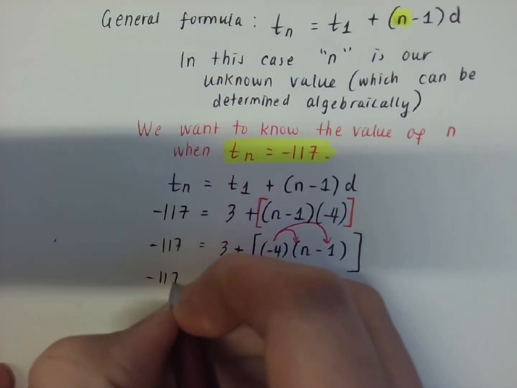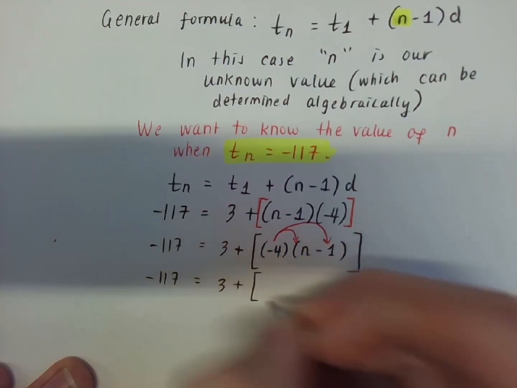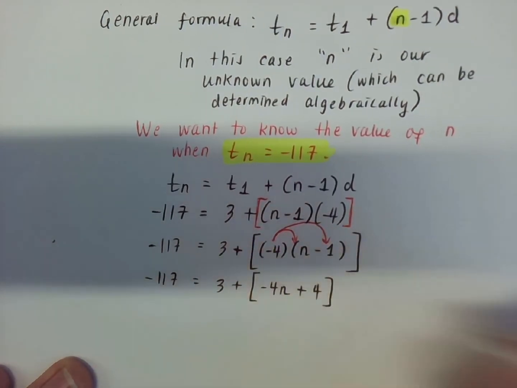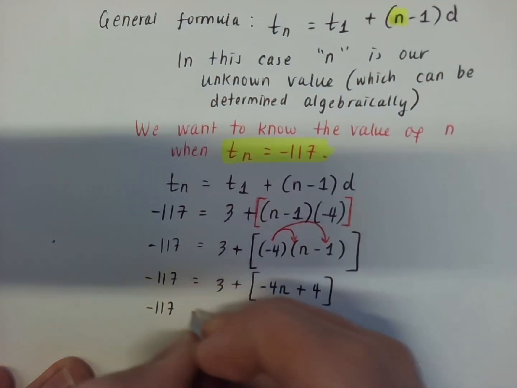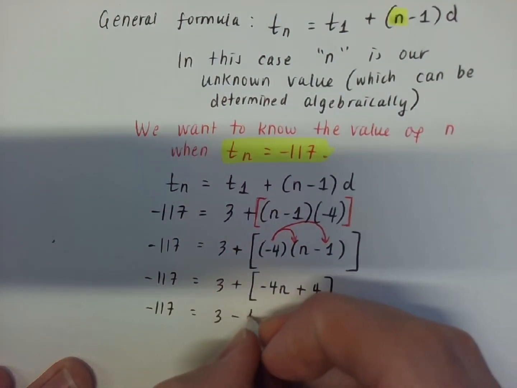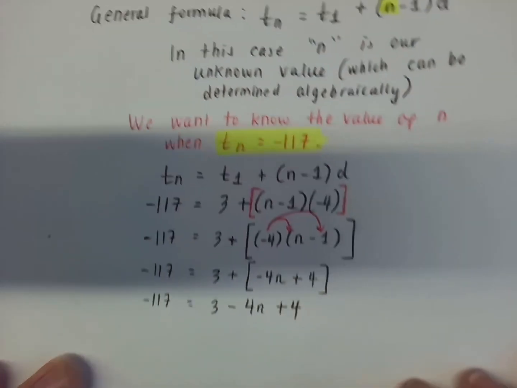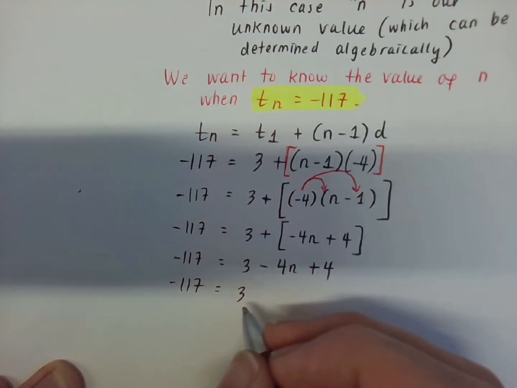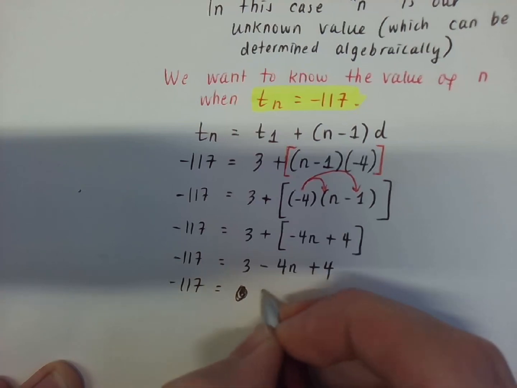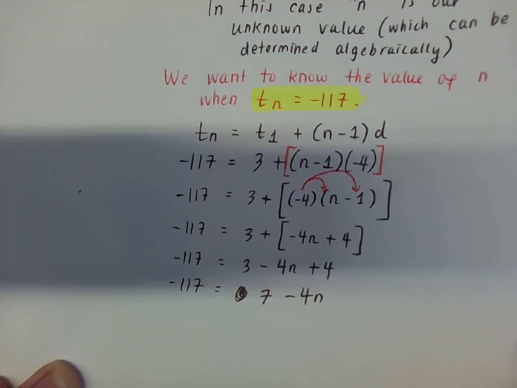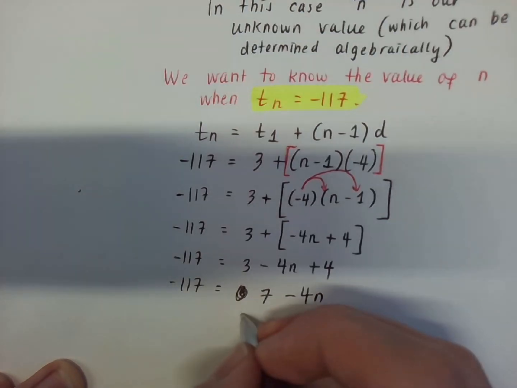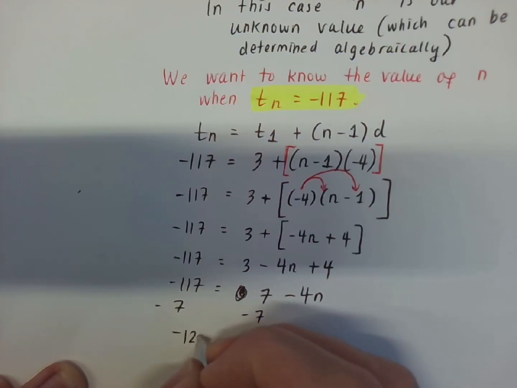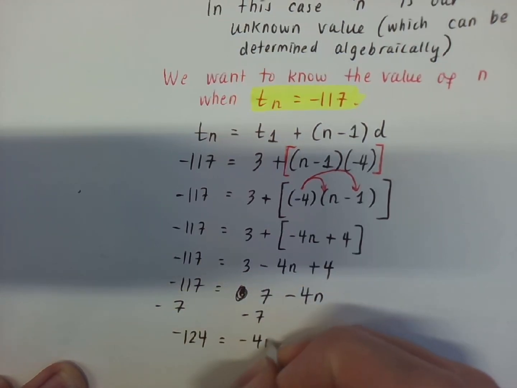So negative 117 equals 3 plus negative 4n plus 4. Negative 117 equals 3 minus 4n plus 4. 3 plus 4 is 7 minus 4n. Minus 7 both sides, negative 124 equals negative 4n.